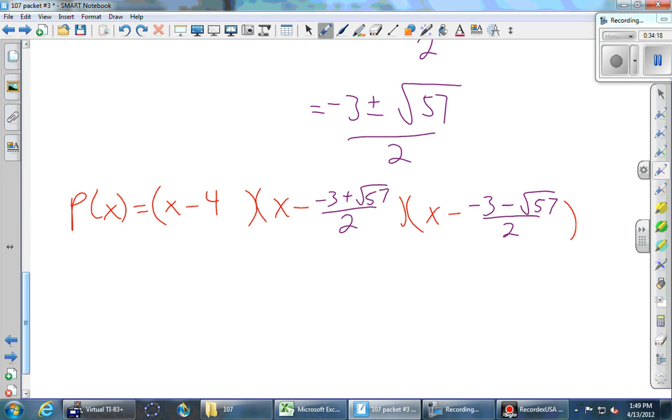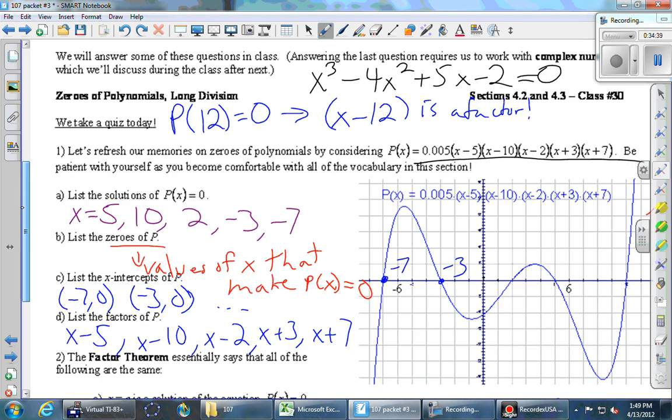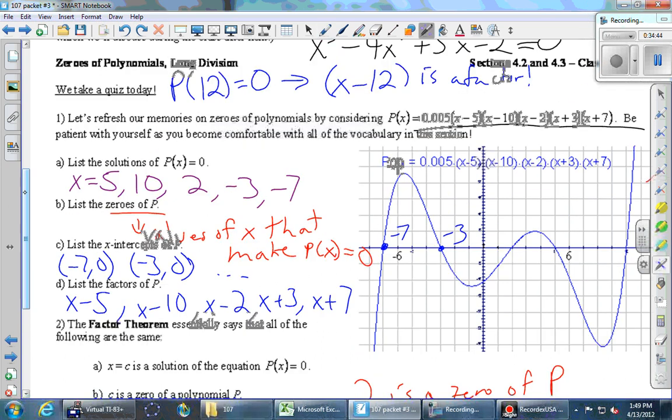That's the theorem. If you know your zeros, you do x minus those numbers. Those become the factors. Yeah, you leave it just like that. It goes back to that first example we did last class. Tell me, for example, Michael, what value of x makes this thing equal to 0? 2.